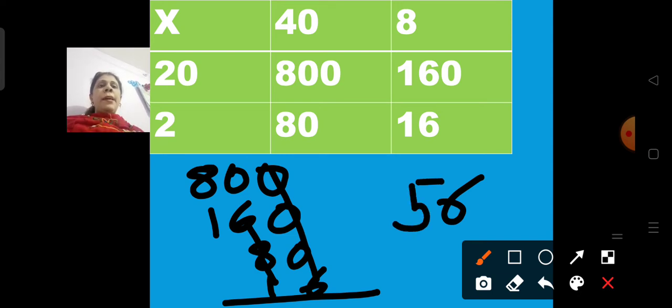So I will write 5 here and 1 I will carry over. So 8 plus 1 will be 9, 9 plus 1 will be 10. That is 1056. I get my answer.